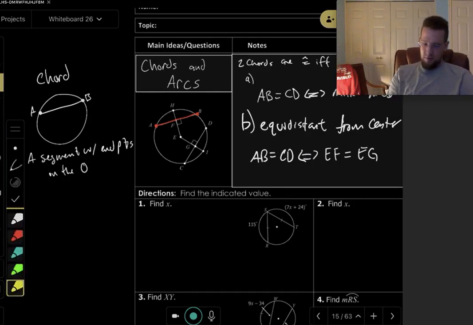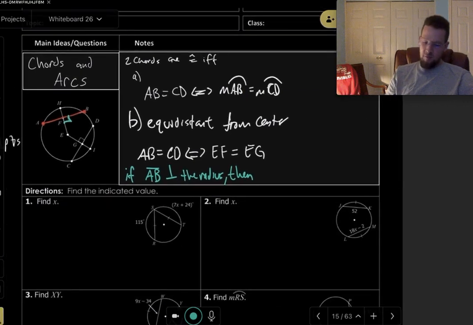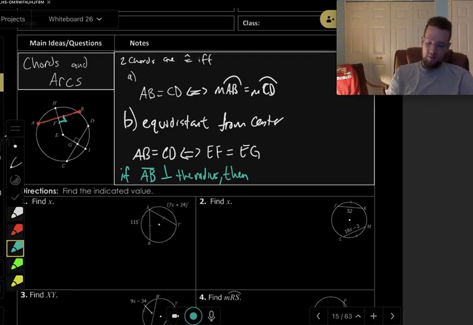Okay, so if AB is perpendicular to the radius, then the radius is a perpendicular bisector.